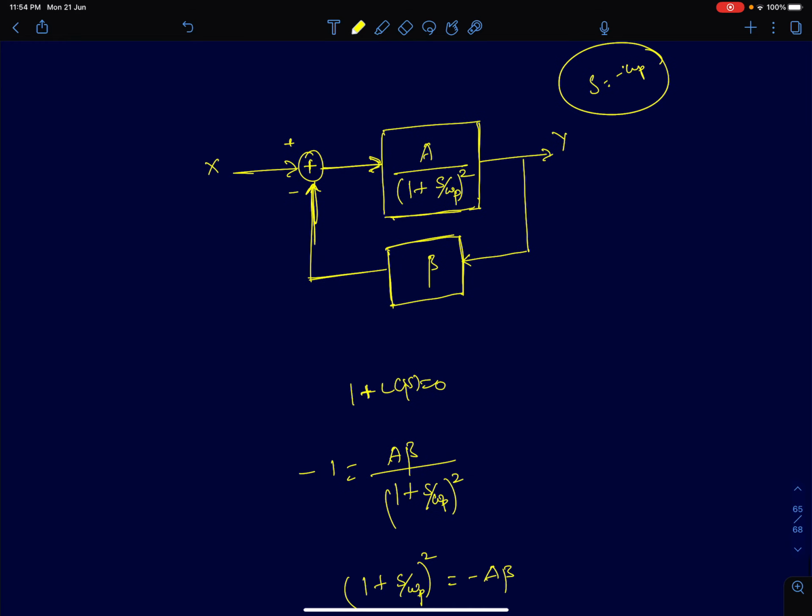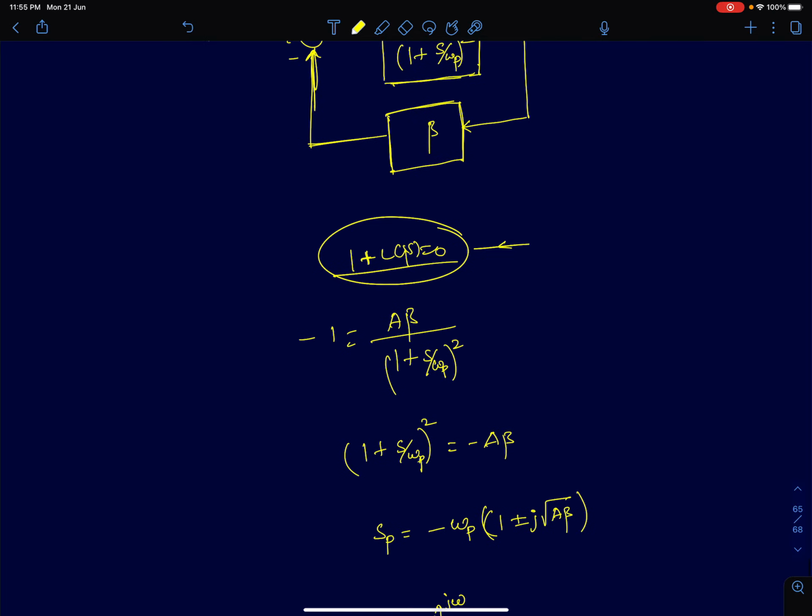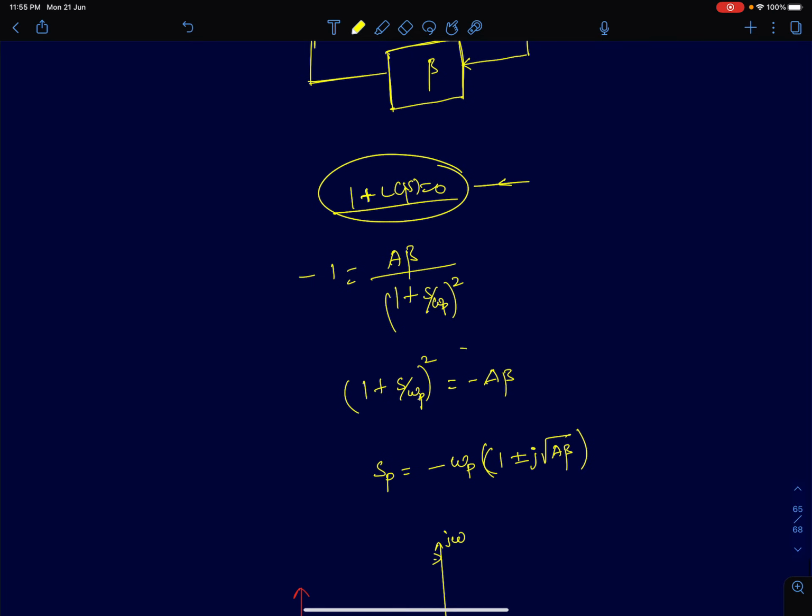First, in a negatively fed back system, the characteristic equation is going to be 1 plus loop gain equal to 0. So the characteristic equation is going to be 1 plus a beta by (1 plus s by omega p) the whole square equal to 0.